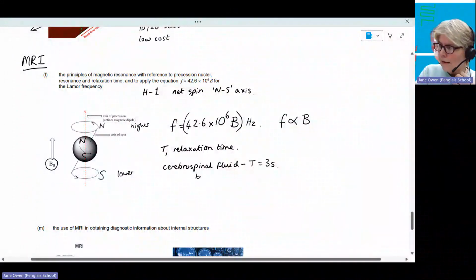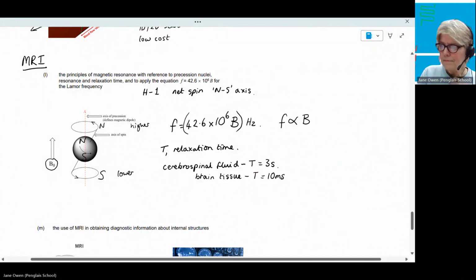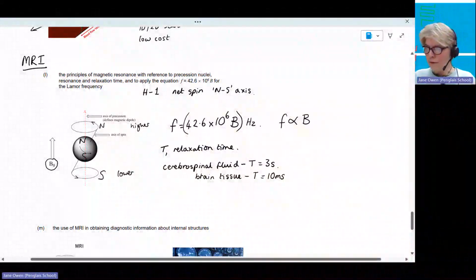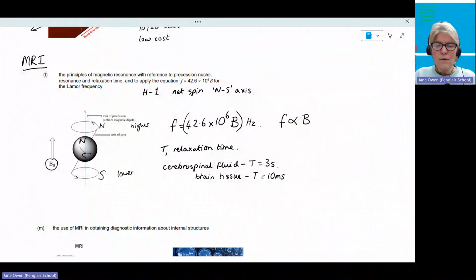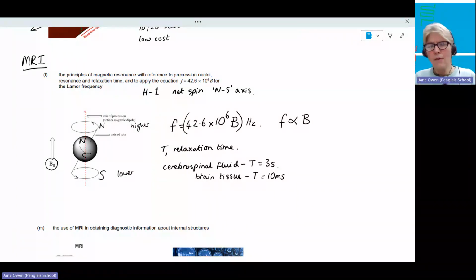But for brain matter, or brain tissue itself, not the water, but the tissue itself, then the time is 100 milliseconds. So by finding the time differences between the radio frequency pulses that come back as a result of relaxing back down to a lower state, we can match where those different materials are.